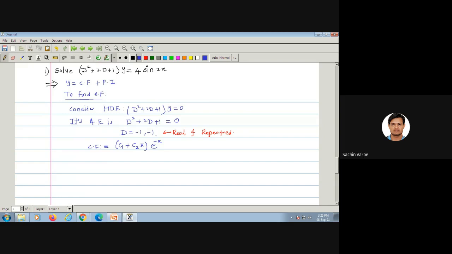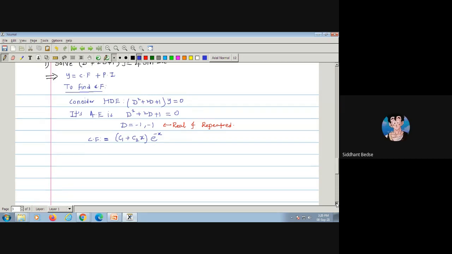If the roots are three times repeated, then C1 plus C2x plus C3x square into e raised to minus x, and so on. So we have to go on increasing powers of x here. Siddhant, is this clear? Yes, sir.